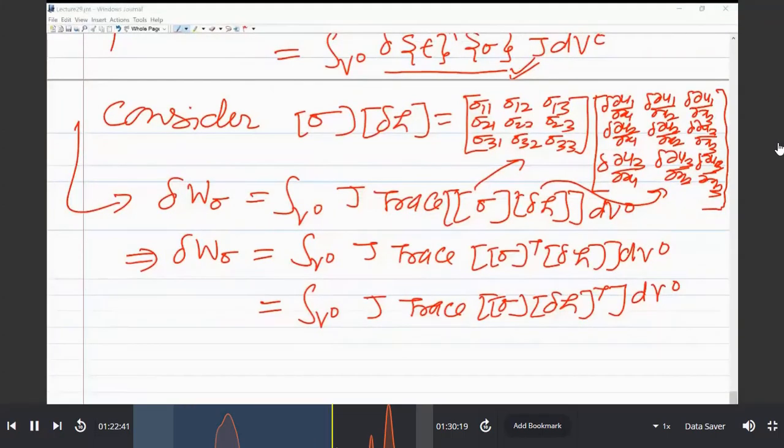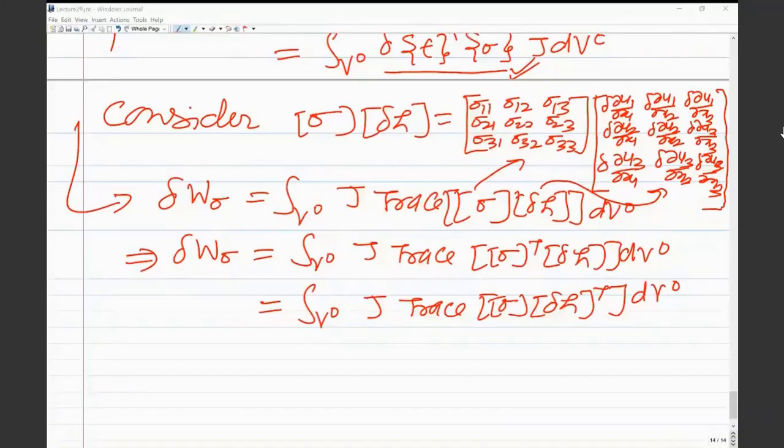This is written in the reference configuration, but still we have the Cauchy stress and delta H. So we want to bring in here the first Piola-Kirchhoff stress tensor and delta F, and similarly we want to bring in the second Piola-Kirchhoff stress tensor and a variation of the Green-Lagrange strain tensor, delta capital E. Those proofs I will look into in the next class. So if you have any doubts and questions, you can ask.